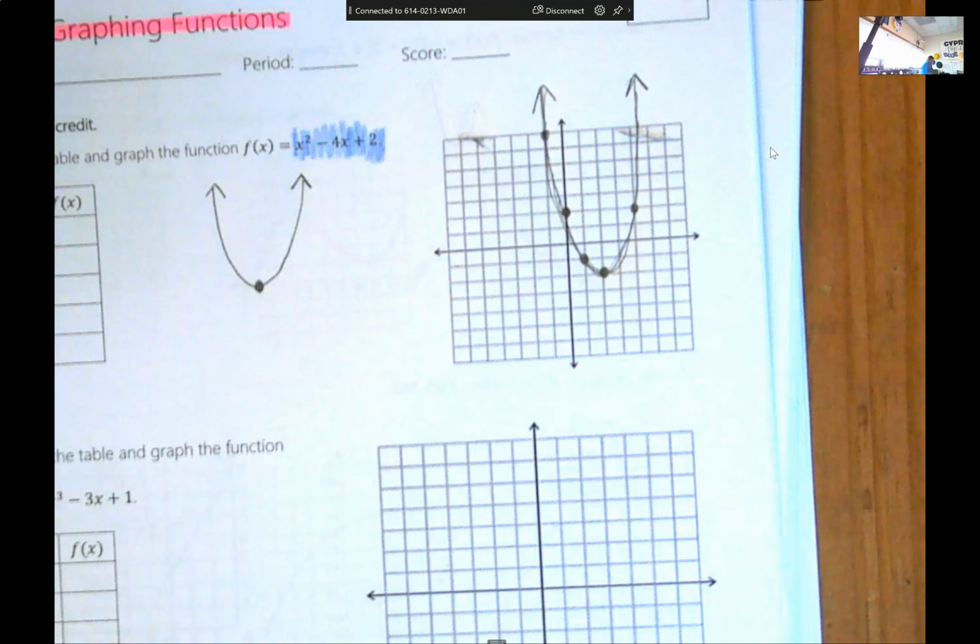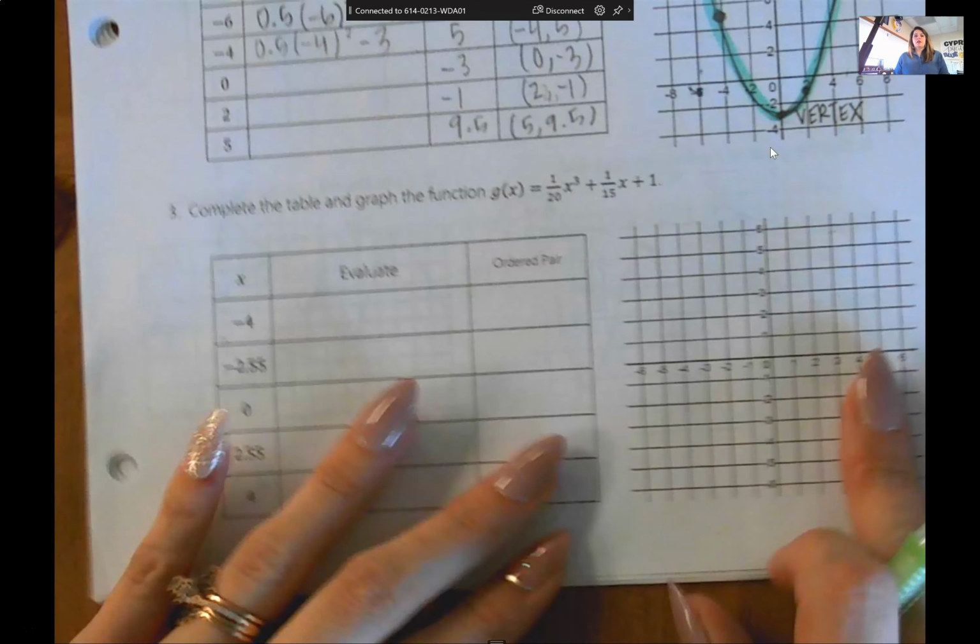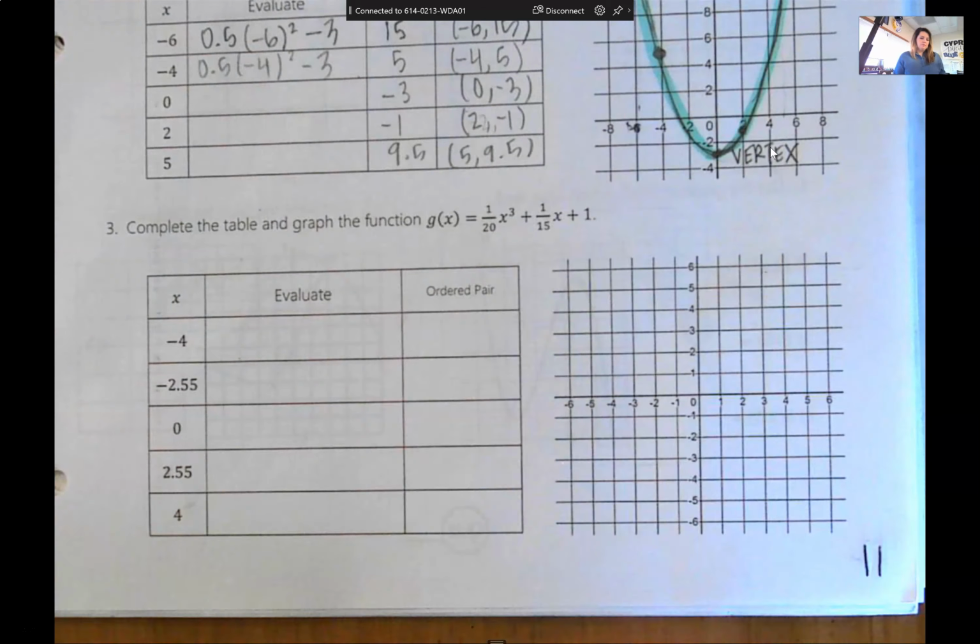About 20. 10. Okay, on our note sheet, number 3.